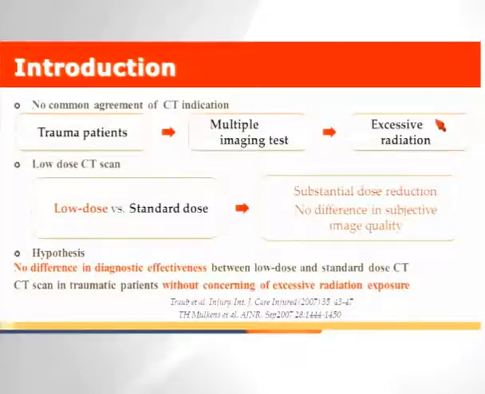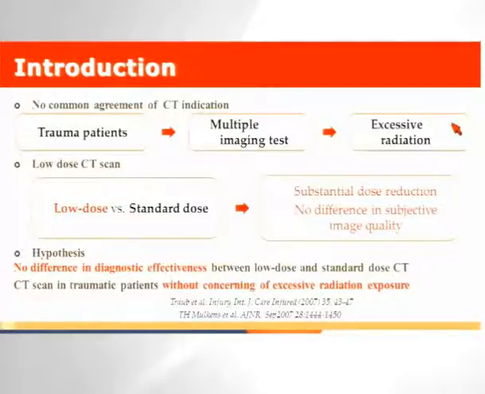A traumatic patient often requires multiple imaging tests using radiation. So there have been many trials for radiation dose reduction. One of the emerging techniques is low-dose CT scan. Many reports present that low-dose CT scan could achieve substantial dose reduction without difference in subjective image quality.